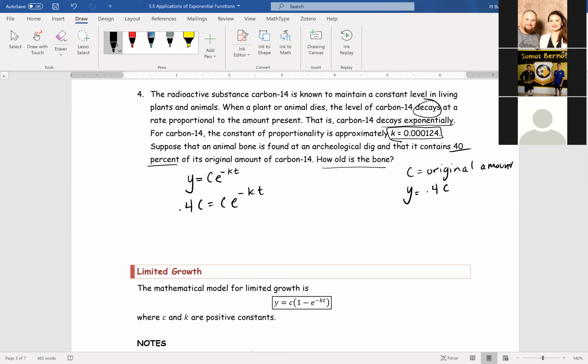If I divide through by C, it cancels everywhere, and you see that we get 0.4 is equal to the exponential. So I keep telling you that that would happen. So that's what we got. To get rid of the e, we've got to take natural log.